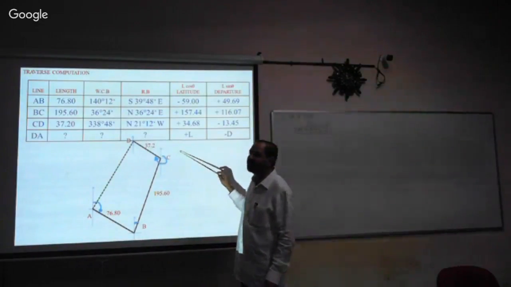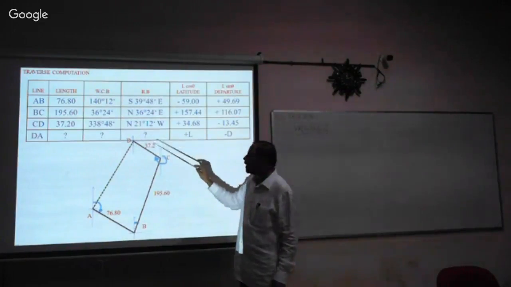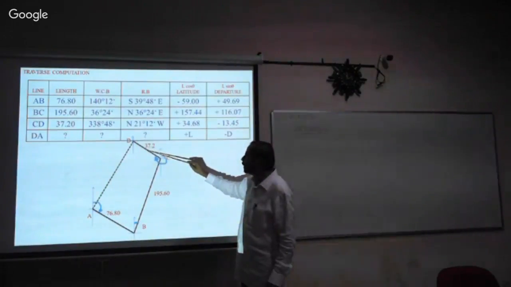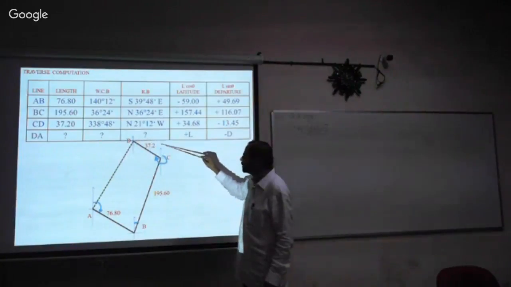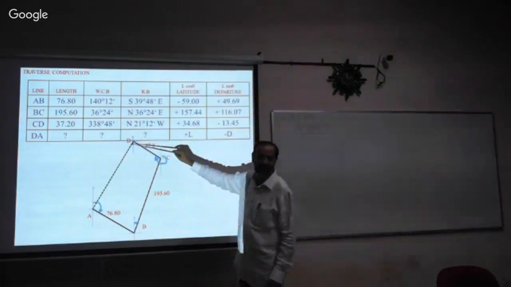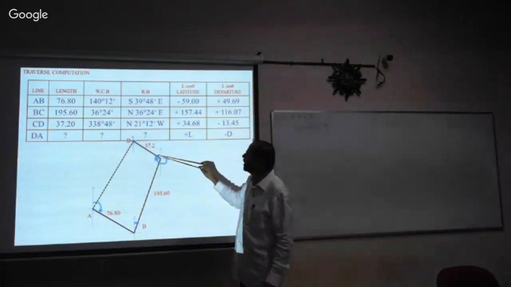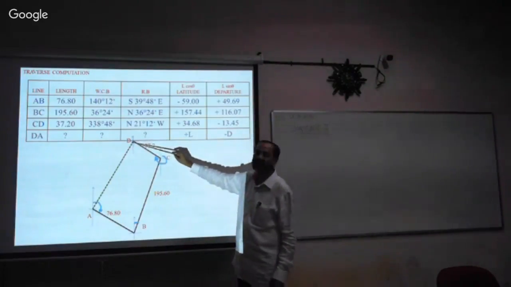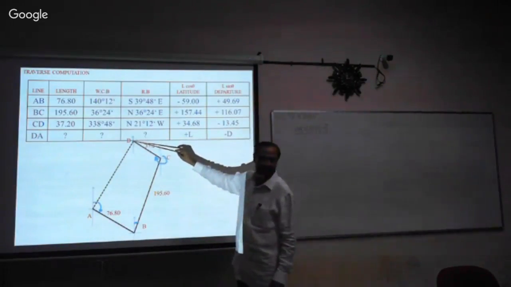Now the latitude and departure of the line CD is measured northward and westward. Therefore, see, latitude and departure.